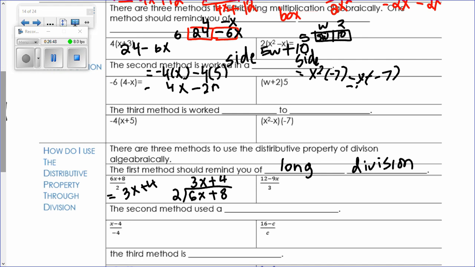The second problem, same thing. 3 goes outside. The little root thing goes here. 12 minus 9x. 12 divided by 3 is 4.